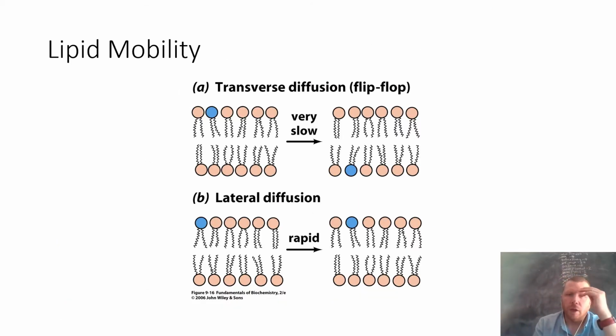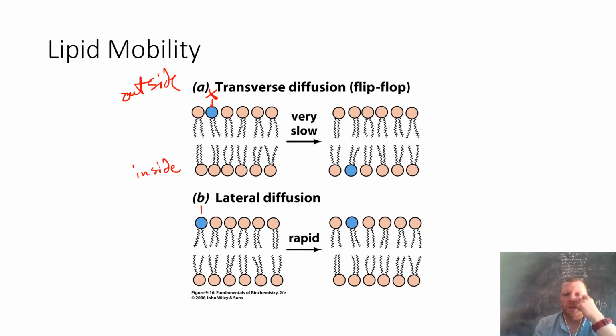Okay, next up is lipid mobility. When it comes to a lipid bilayer, you can have a molecule with a head group of, let's say, X out here, and that molecule can flip onto the interior of the cell. Let's say this is outside, and this is inside. This individual molecule can move onto the interior, but it's going to be very, very slow.